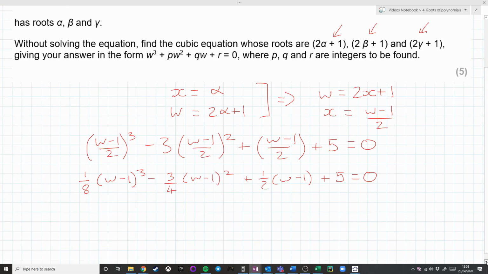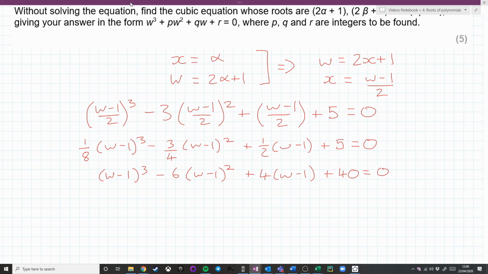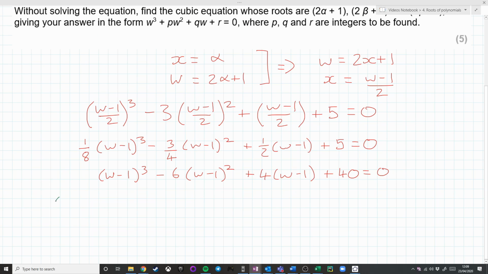And I'm going to multiply everything through by 8 to make sure that everything is a nice integer. So I'm going to get (w minus 1) cubed minus 6 (w minus 1) squared plus 4 (w minus 1) plus 40 equals 0.